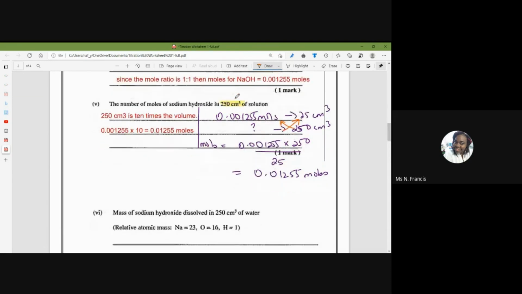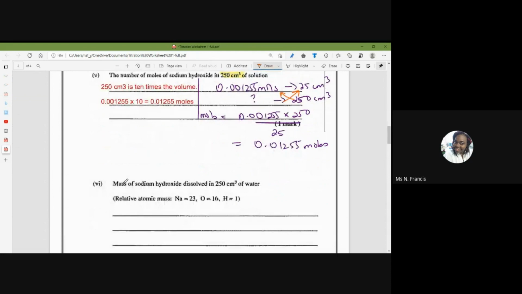Last one, and then we're finished, ladies. The last one says, find the mass of sodium hydroxide dissolved in 250 cm cube. So to find the mass, mass is equal to the number of moles times the molar mass, which is the Mr. The relative molecular mass has the same value as the molar mass.